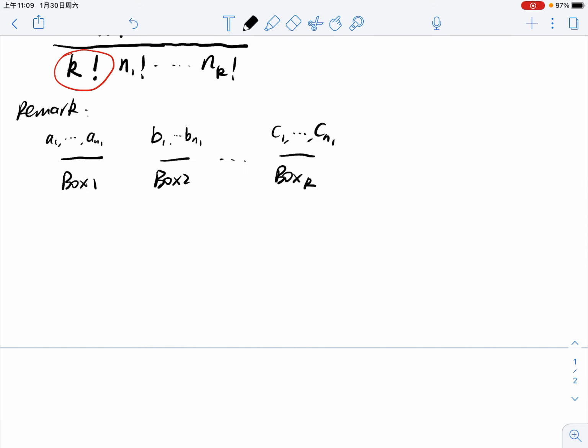Okay, so this is a partition in the first case. Suppose you have another partition which is different in the sense of the first case.